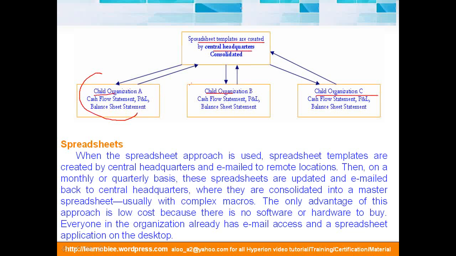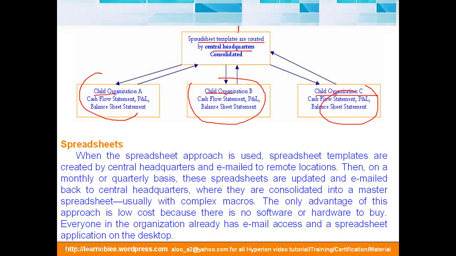Every subsidiary organization creates it in a local Excel sheet, and they send this Excel sheet to the parent company, and they consolidate, right? This is a pretty nice approach, and Excel is capable enough to perform all closing and consolidation. It has a rich set of financial formulas. This approach is good, but it doesn't have auditing.